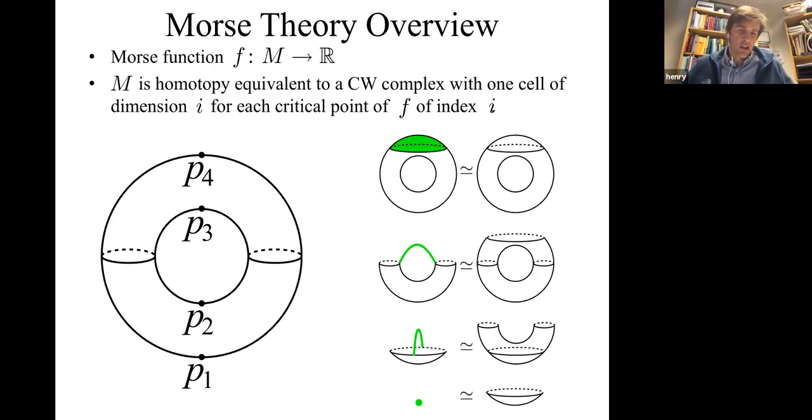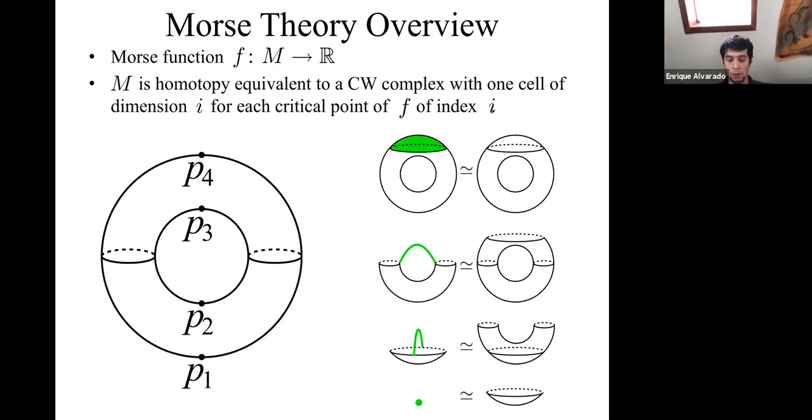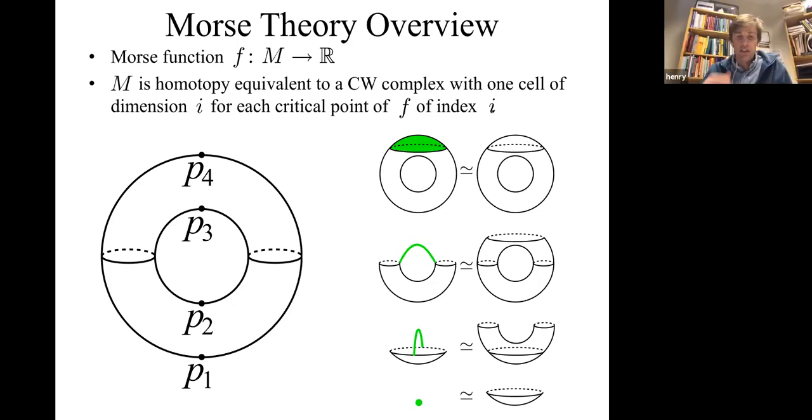The index of a critical point, roughly speaking, is the number of linearly independent directions in which you can move, in which the function of interest, height, decreases. So P1 is a critical point of index 0. P2 and P3 are both critical points of index 1. From those points, there's roughly one direction you can move where the height decreases. P4 is a critical point of index 2. There's a two-dimensional space of directions in which you can move away from P4 and the height decreases.